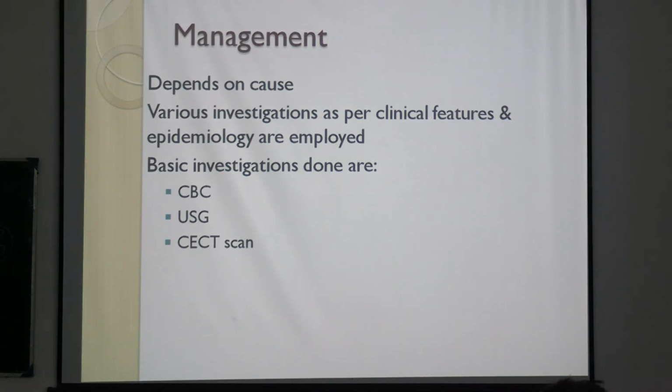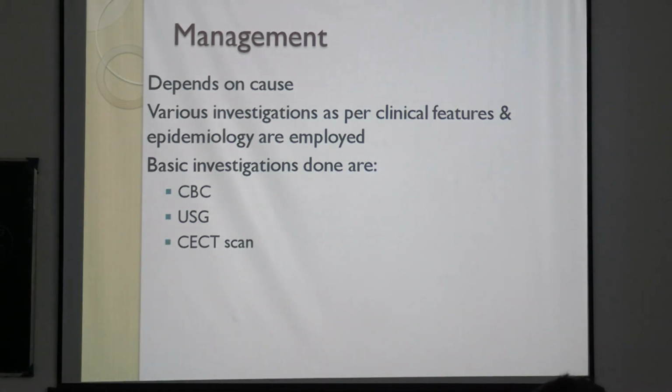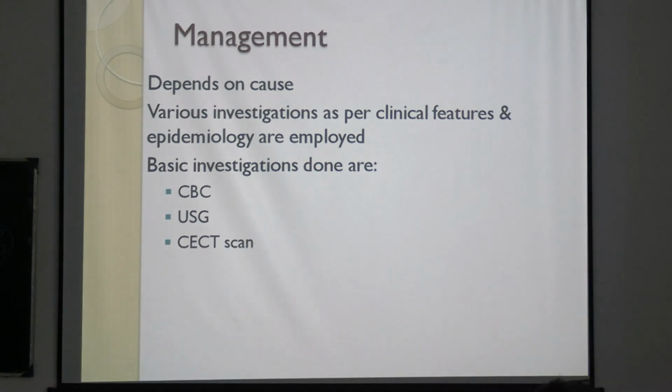The rest of the investigations: if there is any infection that is causing splenomegaly, what will you do? You're going to do tests for malaria, tests for typhoid. If there is an autoimmune disease causing the splenomegaly, you are going to ask for specific antibody screening.